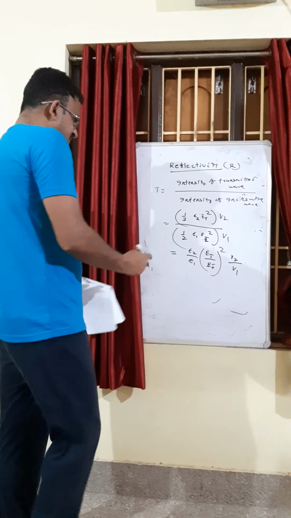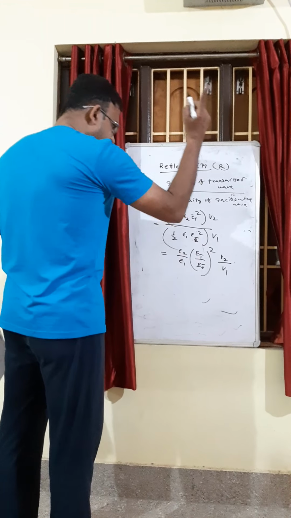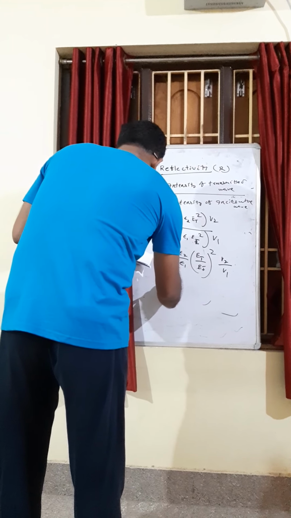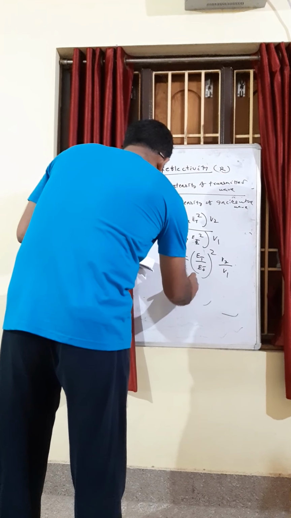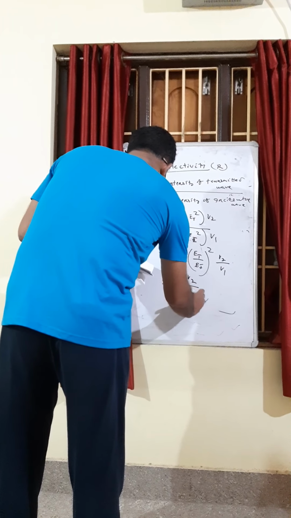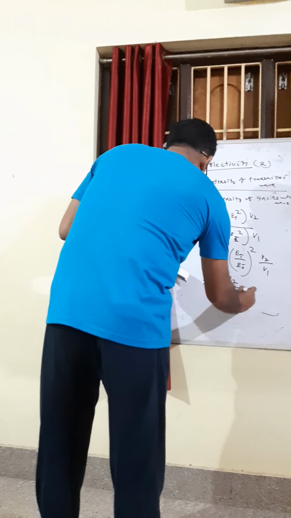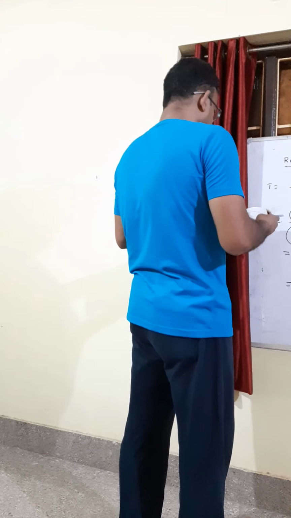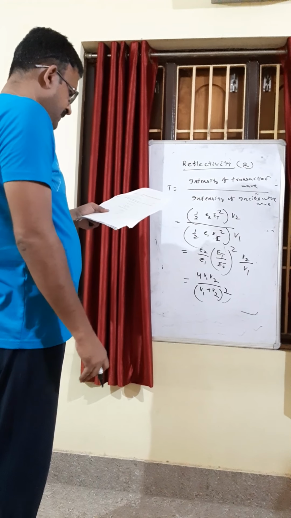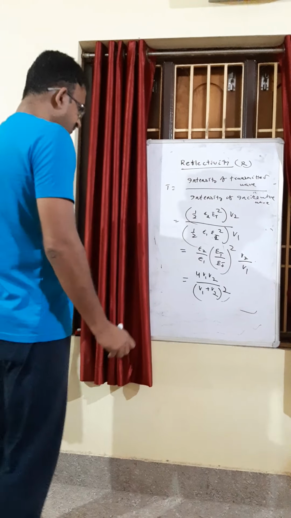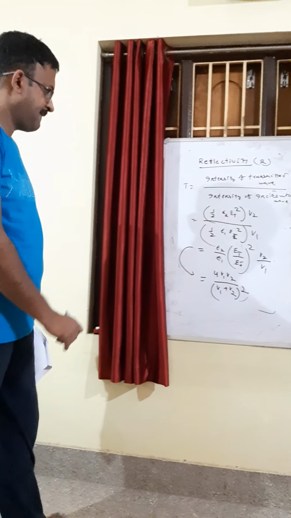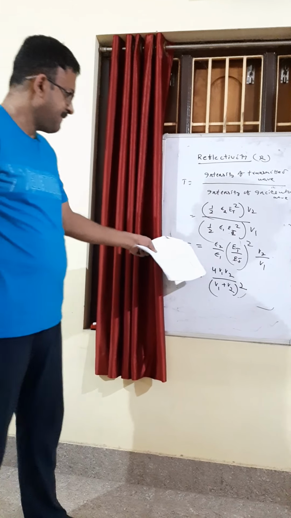If you substitute the Et by EI that we have obtained, you will get the expression for the transmittivity to be 4 v1 v2 by (v1 plus v2) whole square.